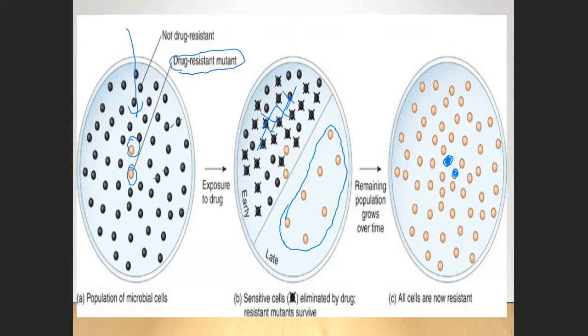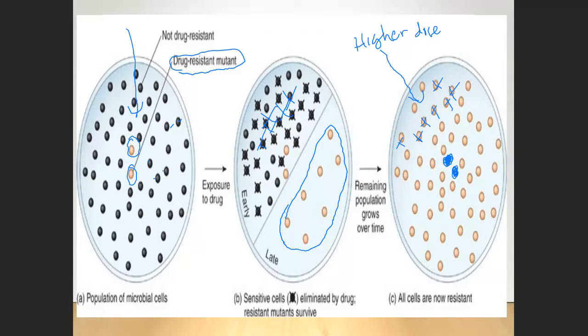So in order to kill this stronger, resistant bacteria, we need to increase the dose, so a higher dose of drugs. And this higher dose will mostly kill the resistant bacteria over here, but not the very, very resistant bacteria.